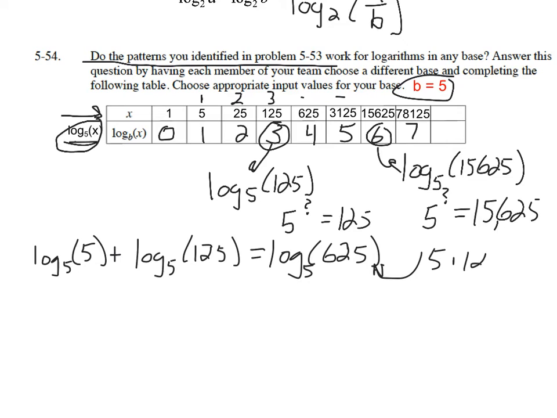Well, log base 5 of 625 is up here, and that happens to be 4. And the log base 5 of 5 is 1 plus log base 5 of 125 is 3. And yes, 4 does equal 4. Now let's try one with division.